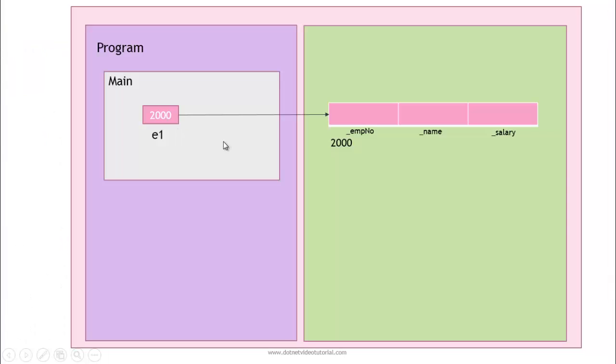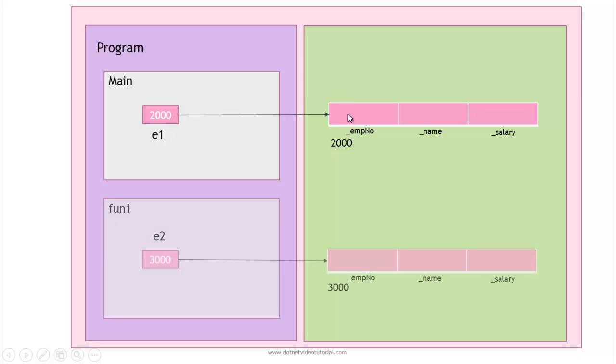So to make it very clear, you can use this graphical representation. Inside main we have created E1, then we have called fun1 where we have created E2. Now when control goes back to main, this fun1 will get removed from the stack and with it all the local variables of fun1 will go.